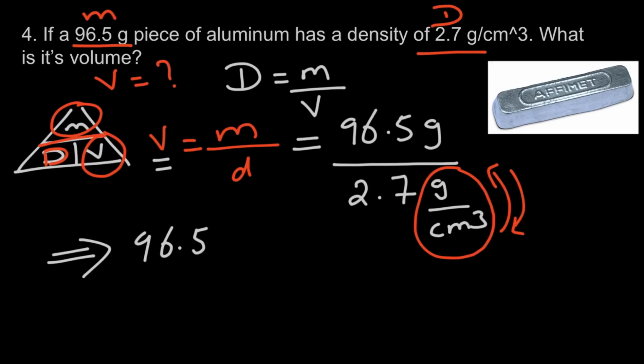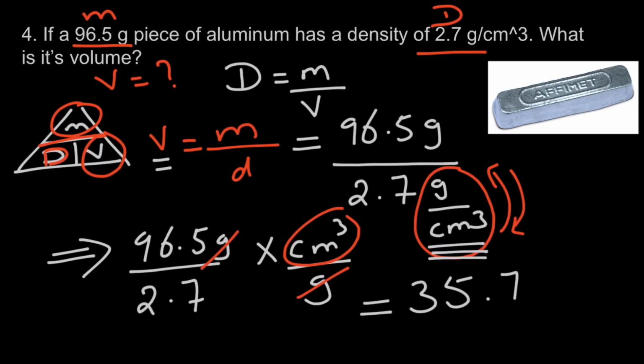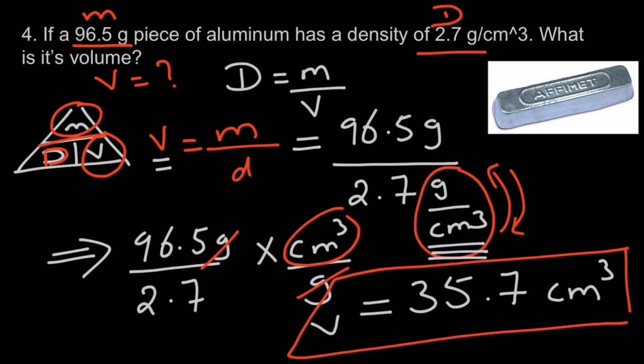So 96.5 divided by 2.7 grams, multiplied by, if we flip this, centimeters cubed divided by grams, this gram will cancel with this gram, so the final unit will be centimeters cubed. So now using your calculator, 96.5 divided by 2.7, the final answer in three significant figures will be 35.7 centimeters cubed for the volume. So that's the final answer.